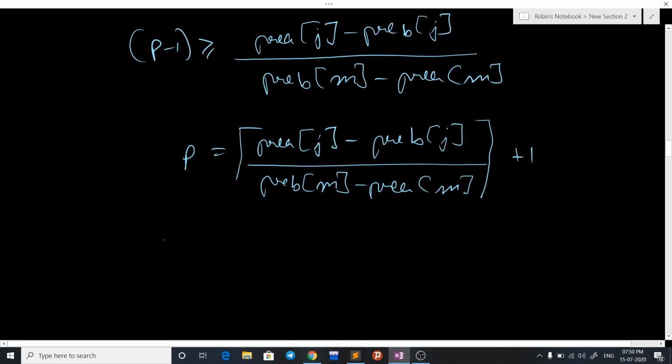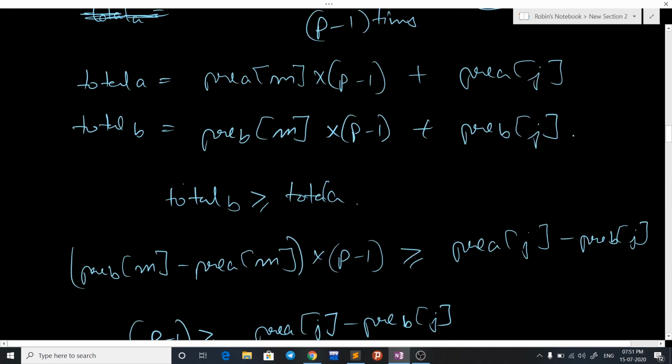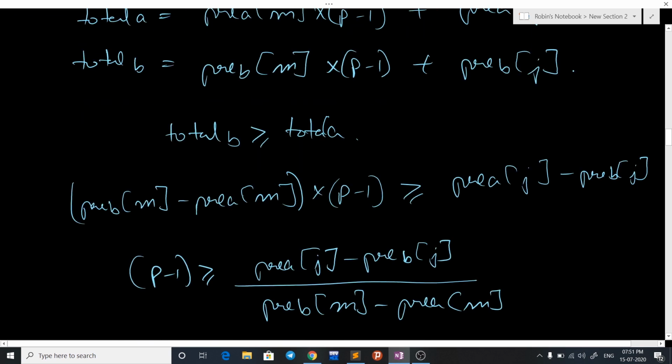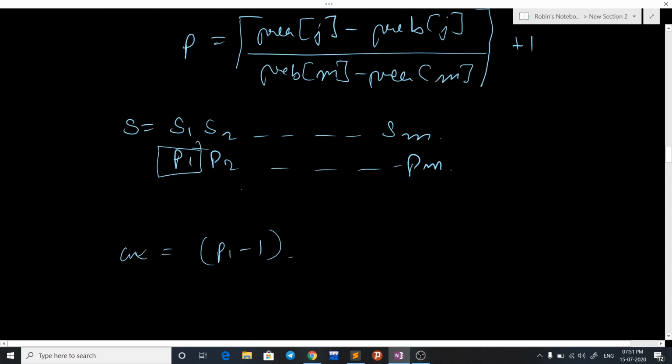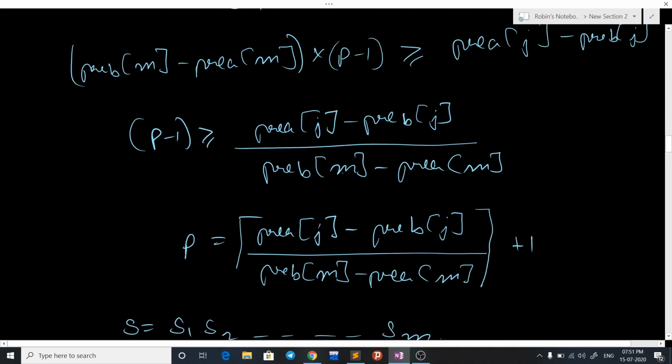Now let's see how we can find the answer. So I have s equals to s1 s2 up to sm, and p up to p1 p2 up to pm, right? Now my answer is the sum of indices that were earlier valid and later become invalid. So let's say if this is p1, so I can add to my answer p1 minus 1, because from the p1 position count of a becomes equal to count of b, so it becomes invalid at p1.